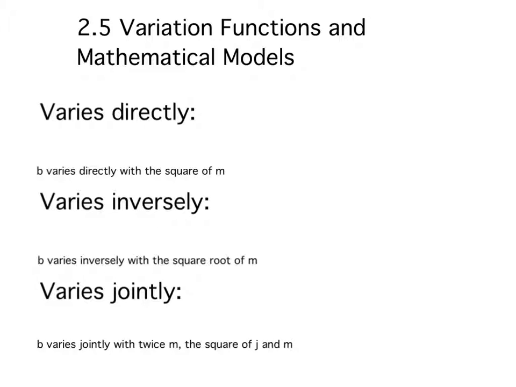We're going to be talking about variation functions and mathematical models. There are three different ways to write an equation with variation. The first is y equals kx, where k is called the constant of variation.